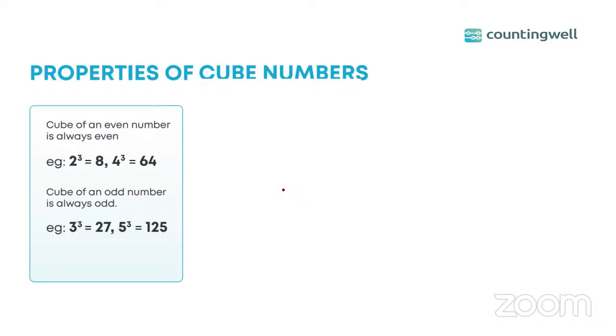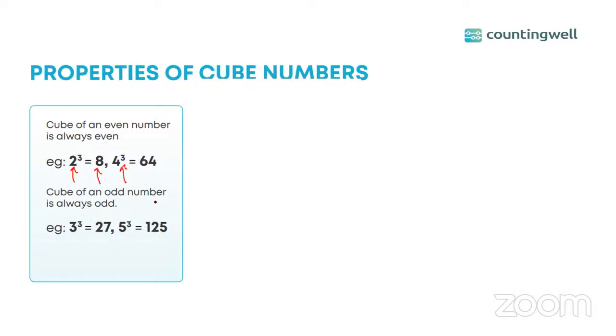Let us see some of the properties of cube numbers. Note that the cube of an even number is always even. For example, the even number 2: we take the cube of 2, we get again an even number, which is 8.